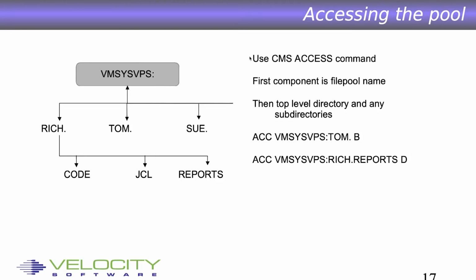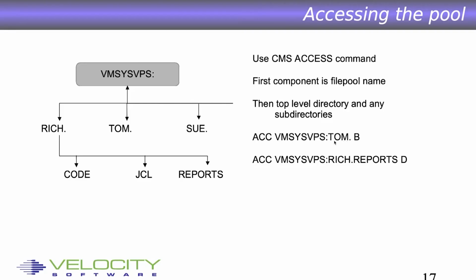To access a directory, we just use the CMS access command. The first component is the file pool name. So here's an access command right here. The first part of the access command is the file pool name, and then you reference the top level directory, in this case, Tom.